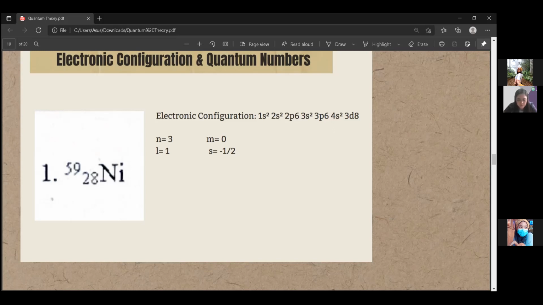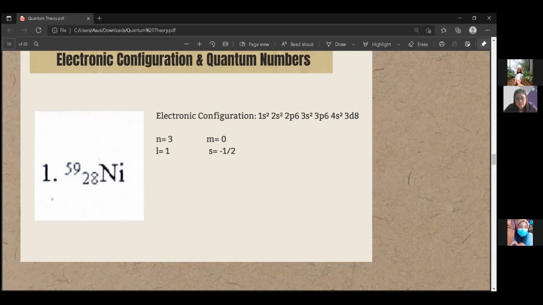Pero mag-focus tayo sa electrons since ang number of electrons in the given element is 28, and adding all the exponents, 2 plus 2 plus 6 is 10, plus 2 plus 6 plus 2 is also 10. So we have 20 na and we need 8 more na lang. That's why it's 3d raised to the power of 8.